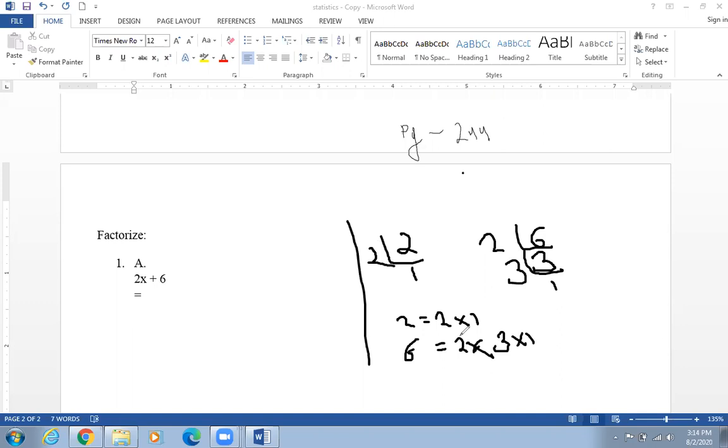So what is common between these two numbers? 2 and 2 are common, and 1 and 1 are also common. So write them one time only. Sometimes there is nothing common. If there is nothing common, we say that 1 is common between the two numbers.